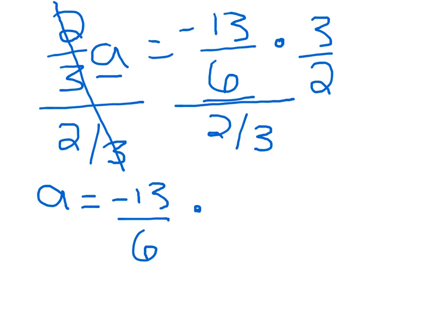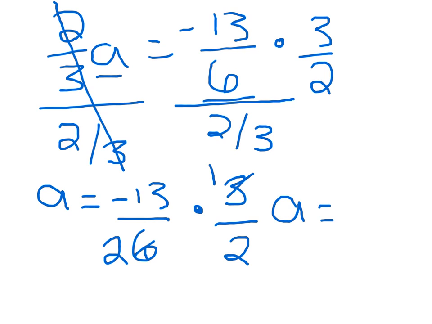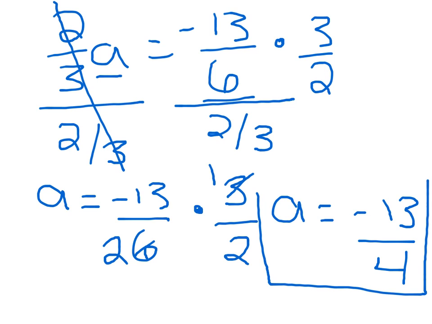So we will multiply our negative 13 sixths by 3/2. Now, our 3 can go into 6 one time, and we've left 2 over. So our A will then equal negative 13 times 1, which is negative 13, and 2 times 2, which is 4. So the second answer for our absolute values will be negative 13 fourths.